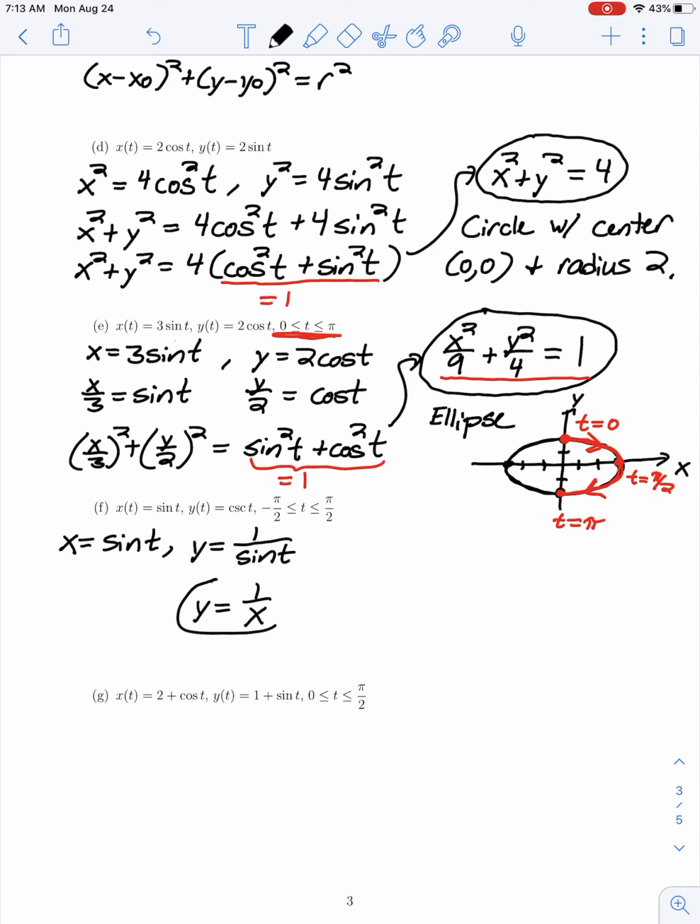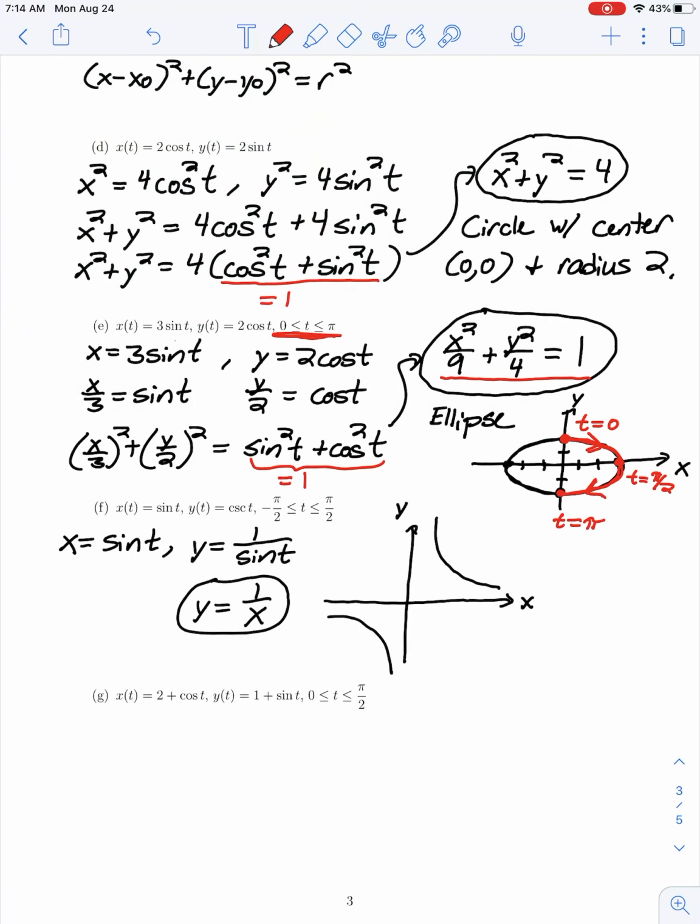So here we have our Cartesian equation. Y is equal to 1 over x, or x times y is equal to 1, which we know the graph of. It looks like a hyperbola. So in general, the graph of 1 over x looks something like this.